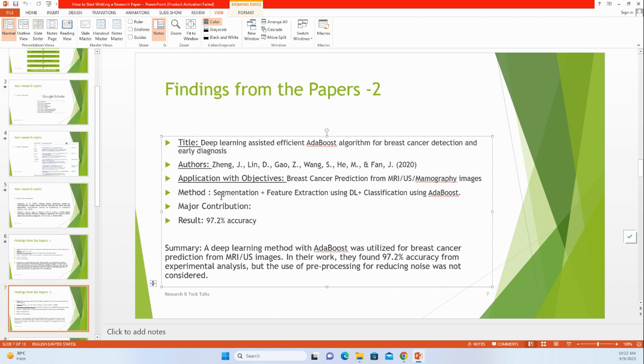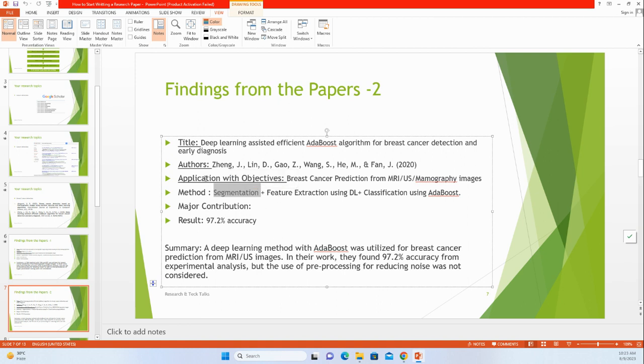So what did they apply? A similar method. They applied segmentation, but here they used a deep neural network, and for classification they used AdaBoost, and their accuracy was 97.2%. What is the major contribution? Is there anything new in deep learning, anything in AdaBoost, or anything in segmentation?